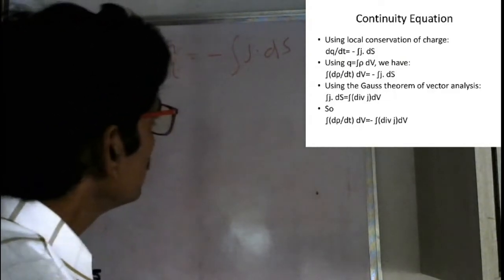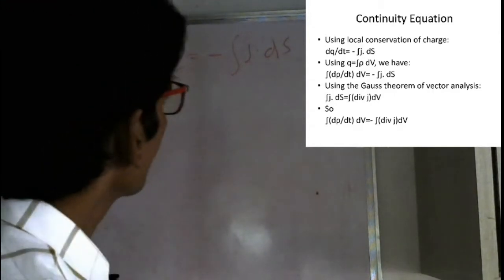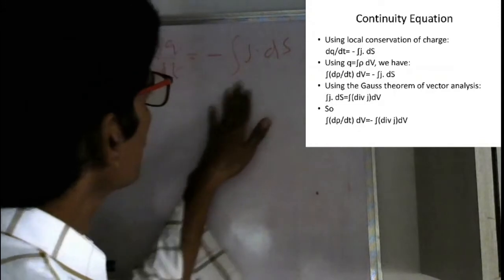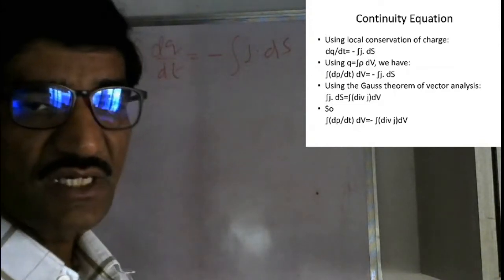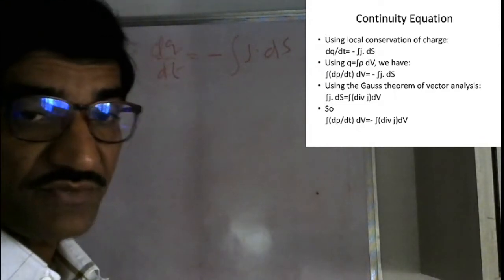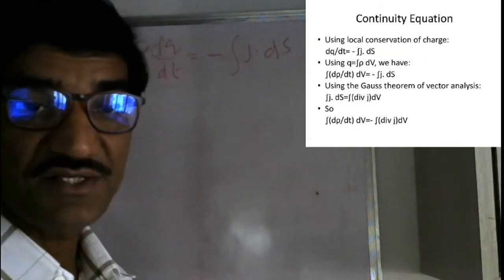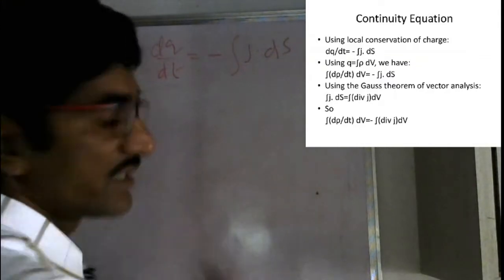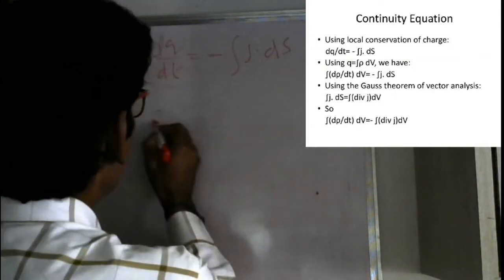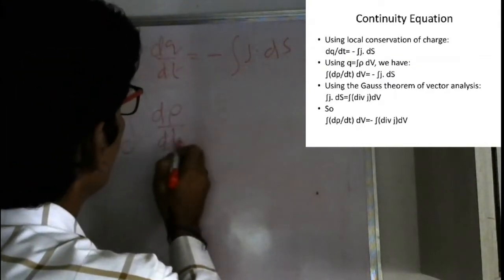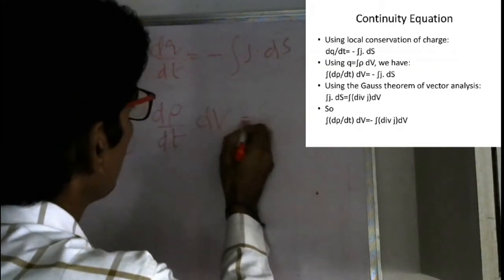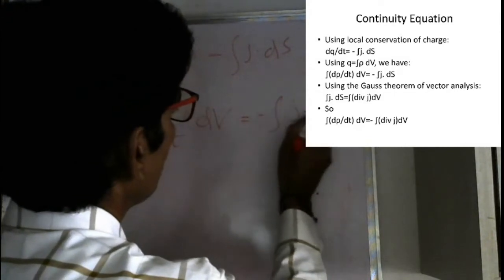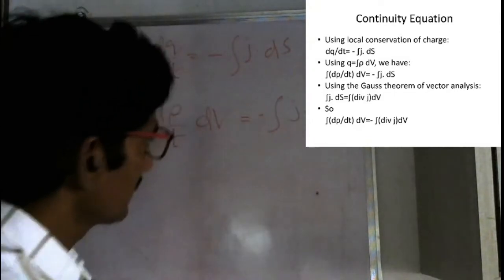Here you have dq by dt is equal to minus the integral of J dot ds. Just now we wrote for this dq by dt, from the definition of Q, the integral of d rho by dt dv, is equal to minus the integral of J dot ds.